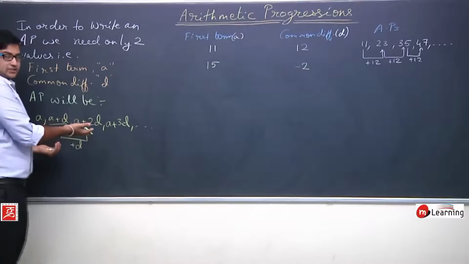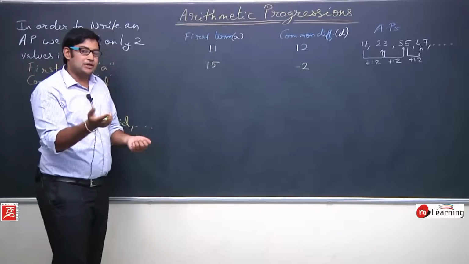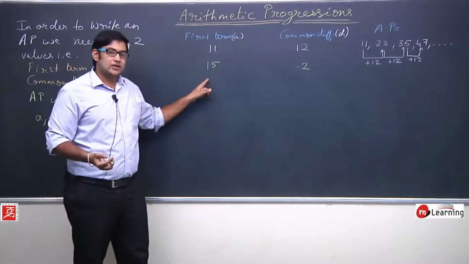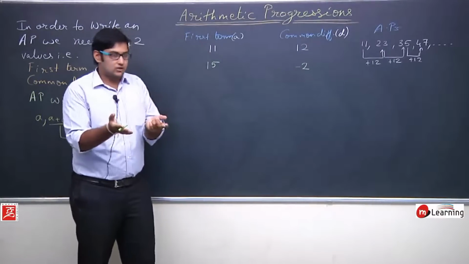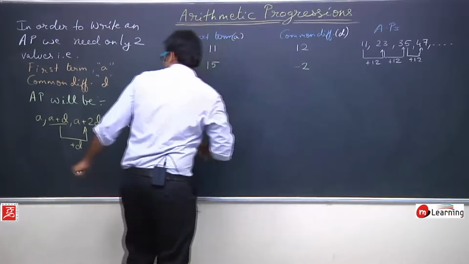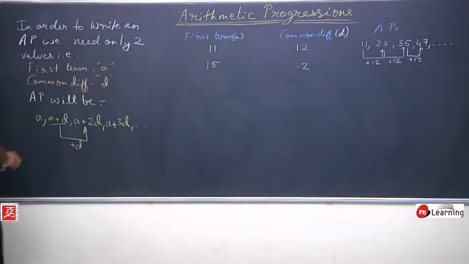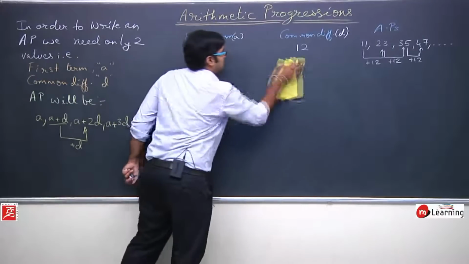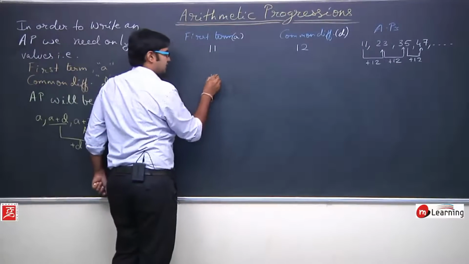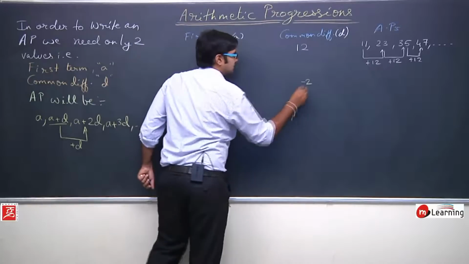It will not change. Just one thing happens, that if you add minus 2 to this 15, it will get subtracted. So this is 15 and the common difference is minus 2.